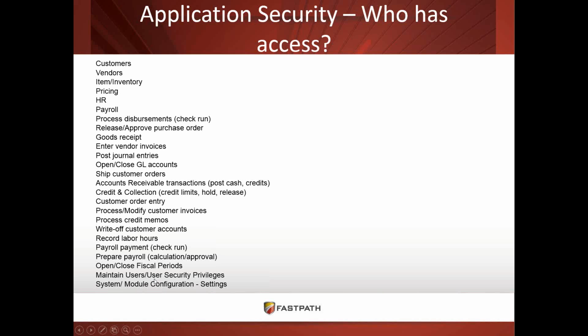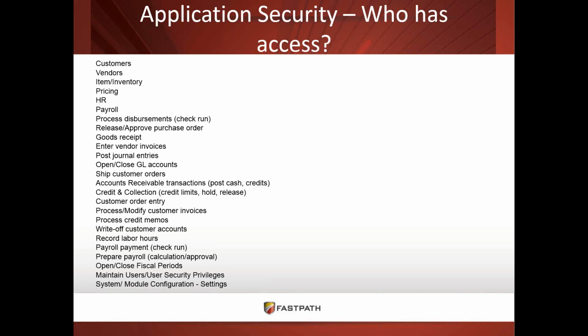Can you maintain configuration settings? Can you change security, fiscal periods? These are the 20 to 30 high-risk areas in most ERPs, whether you're the size of Coca-Cola using SAP, or a 2-person company just using Excel to track things. These are the things we want to know: who can do these things at your organization.